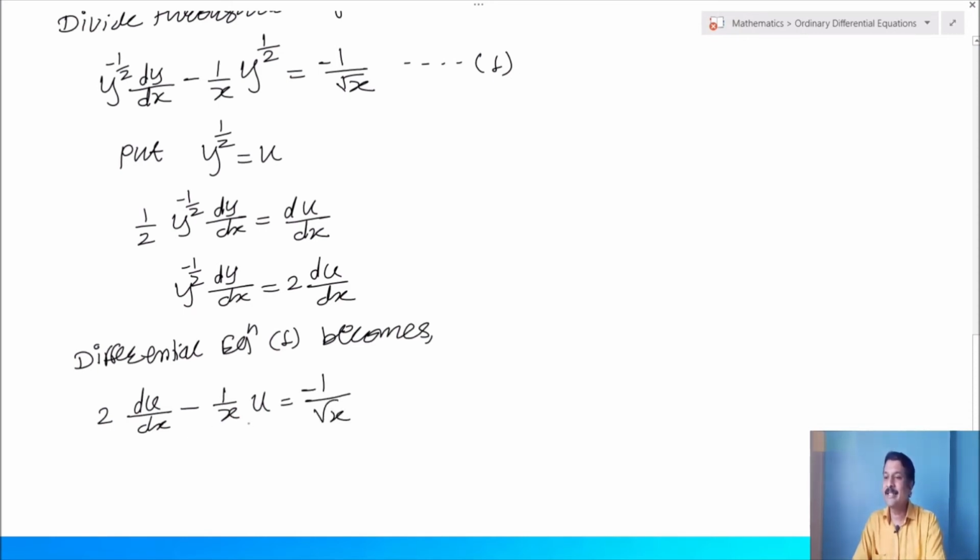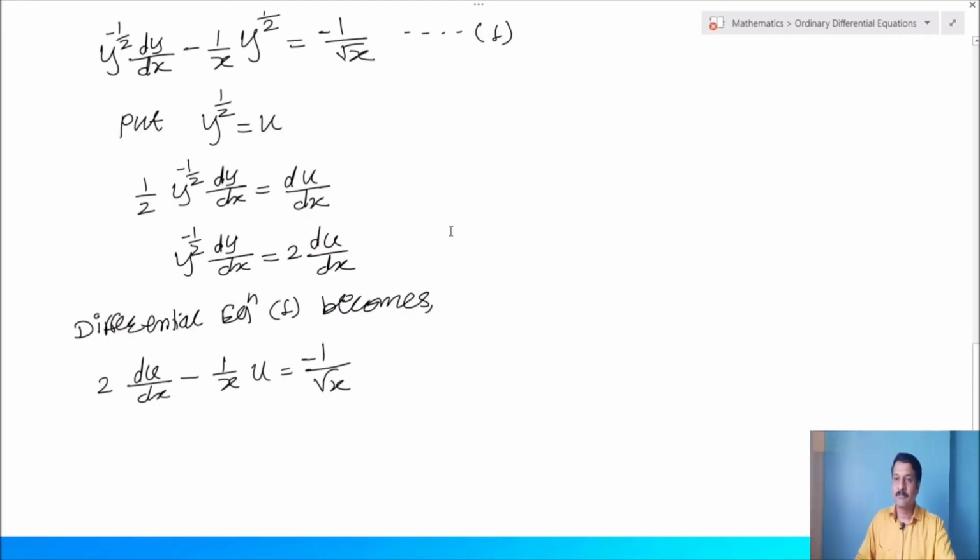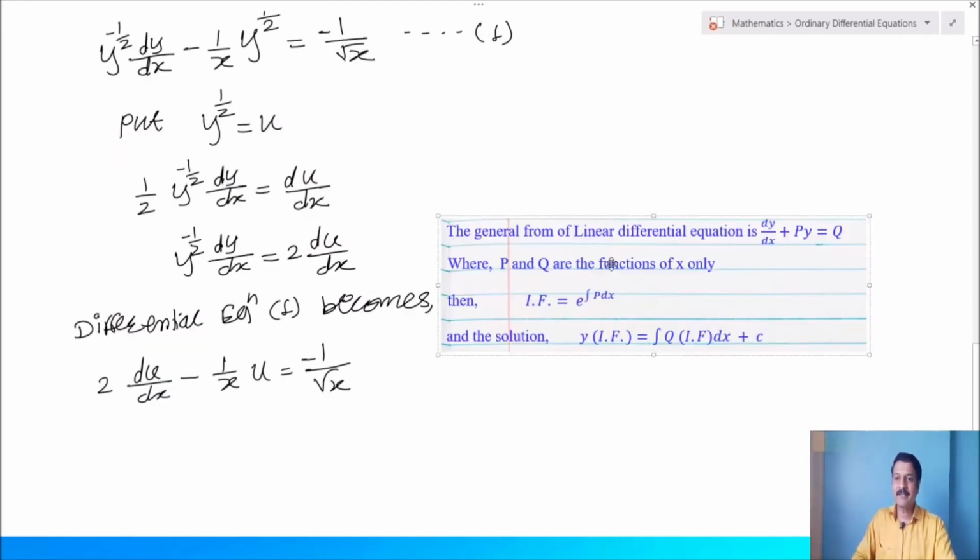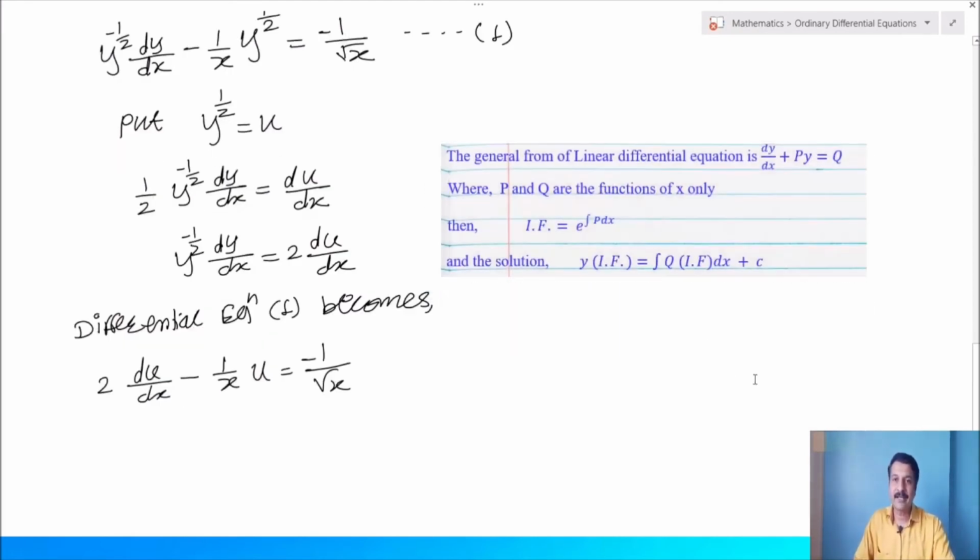So it is linear in u, because there is only u and du, and no other function of u. And we should know the general form of a linear differential equation. So it is linear in y, so I want linear in u. So du/dx I want, so divide throughout by 2.